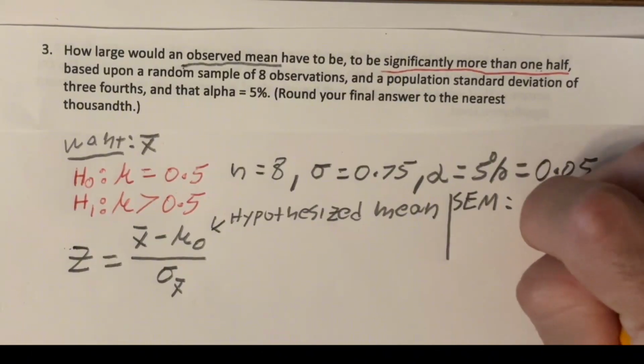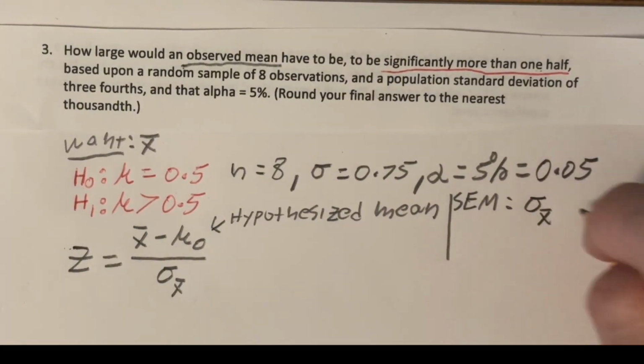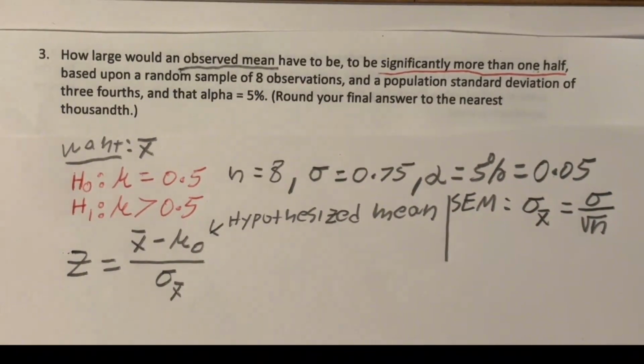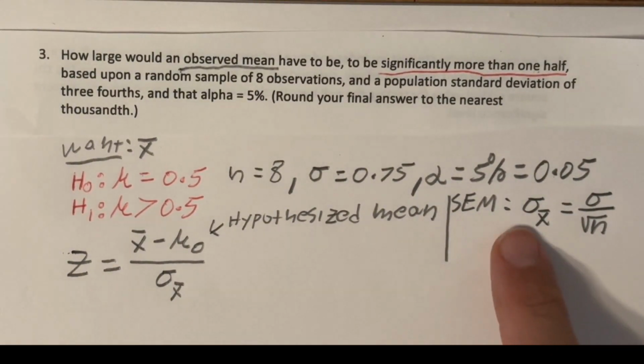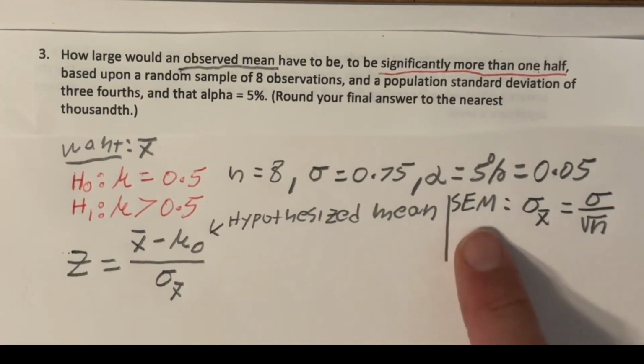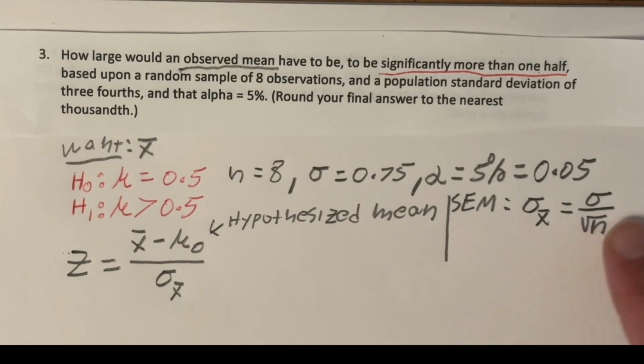And we have sigma sub x bar is equal to sigma over the square root of n. So this sigma sub x bar is how some people read it, is also called the standard error of the mean. And this is equal to the standard deviation of the population divided by the square root of the sample size. So this is a formula you need to know.